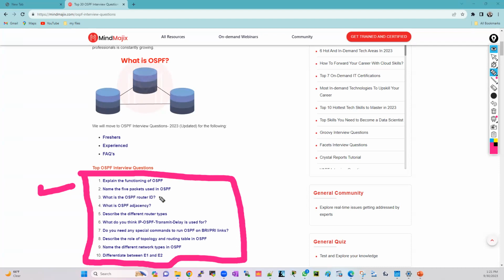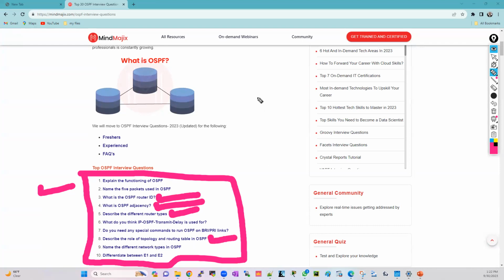See now, what is router ID, which we'll talk about now. What is adjacency? Describe the different router types, which we will talk about: designated, backup and non-designated. What do you think IP OSPF transmit delay is used for? Do we need any special command to run OSPF? Describe the role of topology and routing table in OSPF.